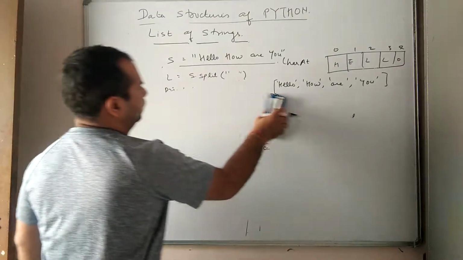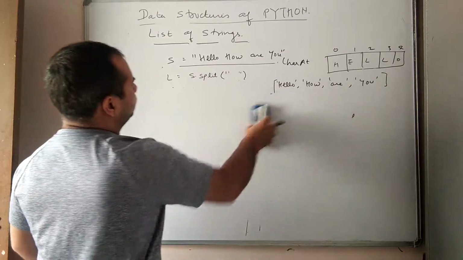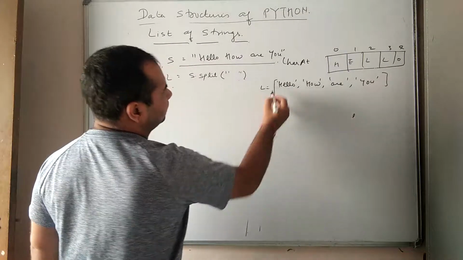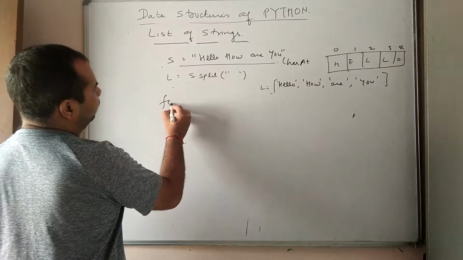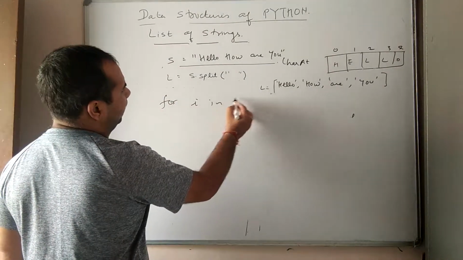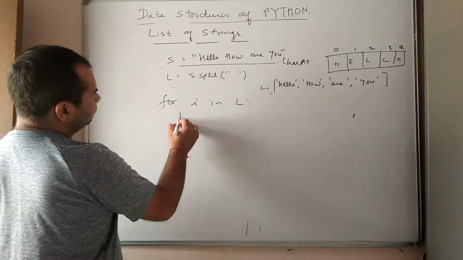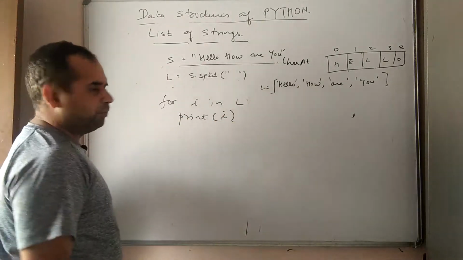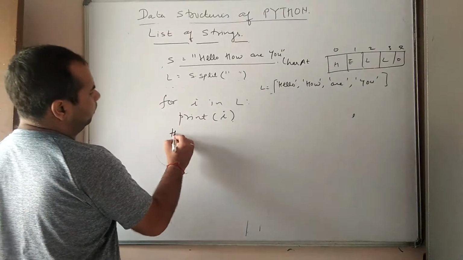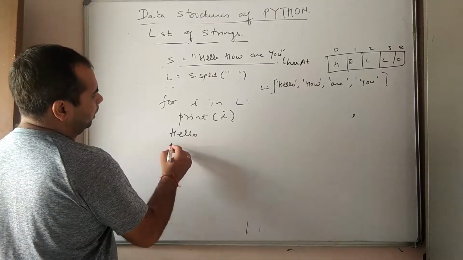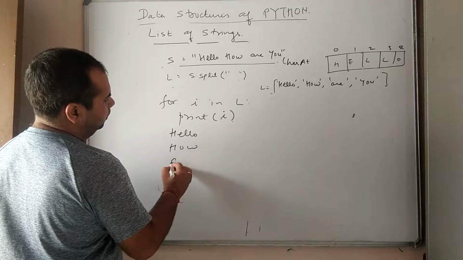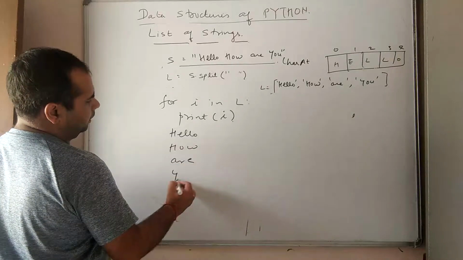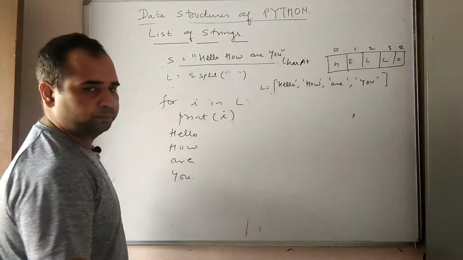For the time being I am running this, so your l will be like this, right? Now when you write for i in l: print i, what will be the output you will get? You will get hello, how, are, and you.